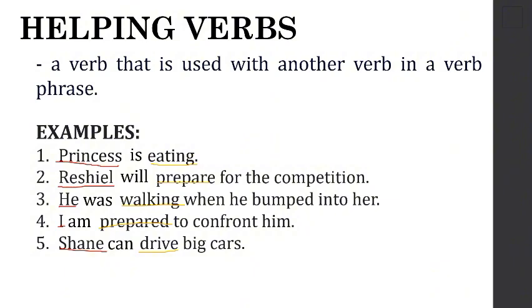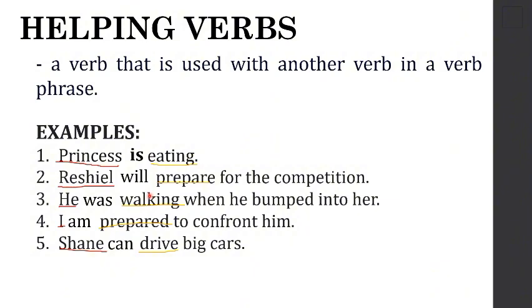Next, we are going to identify the helping verb in the sentence. Another tip to easily identify the helping verb is to remember that the helping verb always comes first before the action verb. The first one is pretty easy because there is only one word that is not underlined, which means that word is the helping verb in the first example.